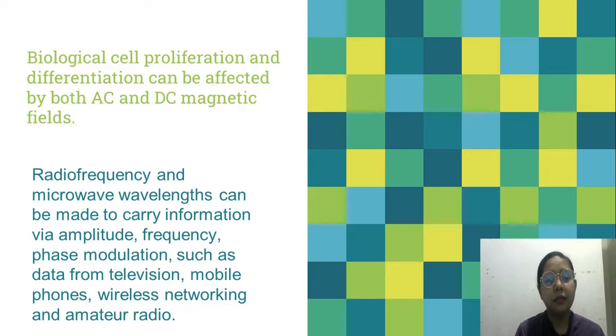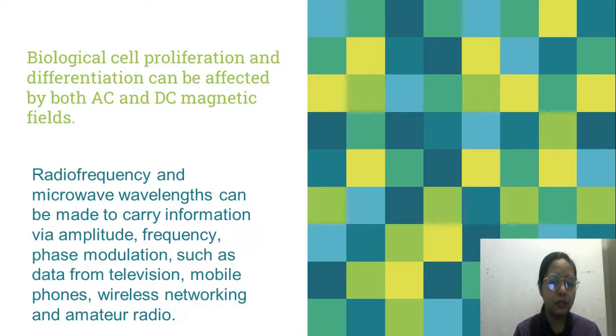So it is said that in that electric field and magnetic field, the biological cell proliferation and differentiation can be affected by those fields.